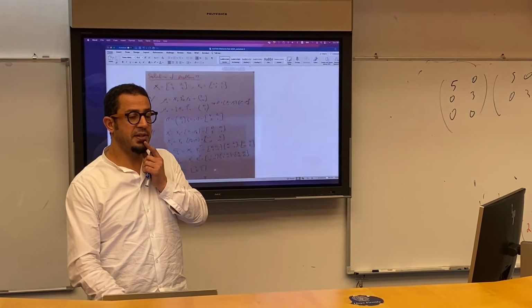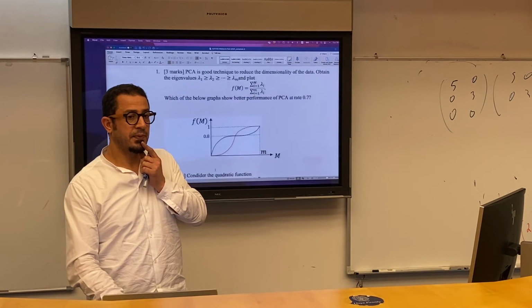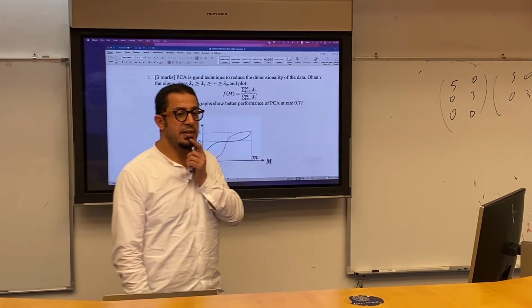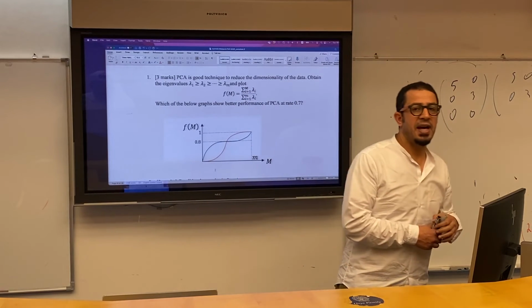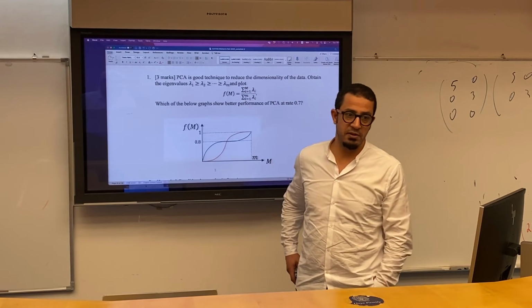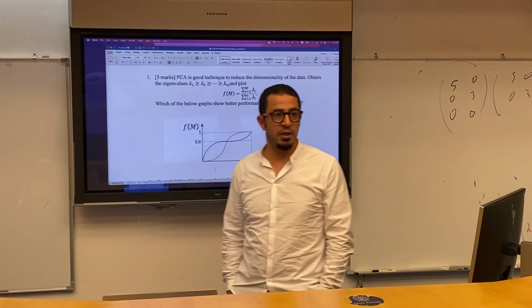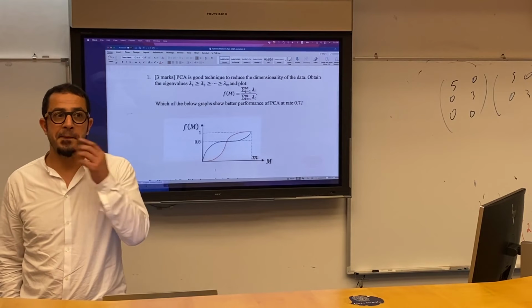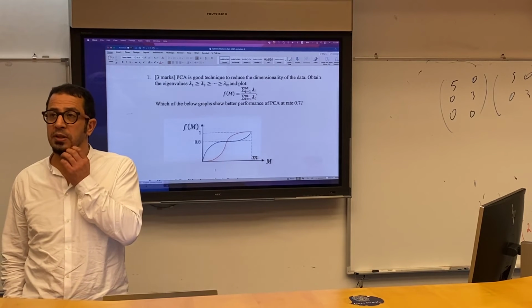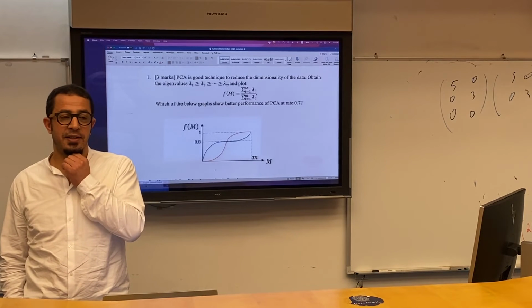Which one below shows better performance of PCA at the rate of 0.7? Why is it blue? It depends on which one, before 0.8 or after.